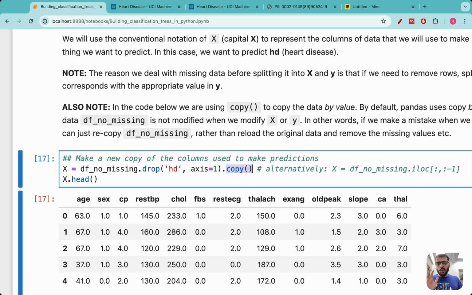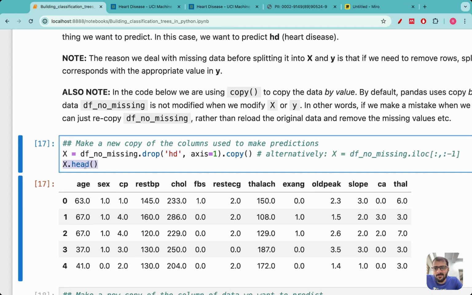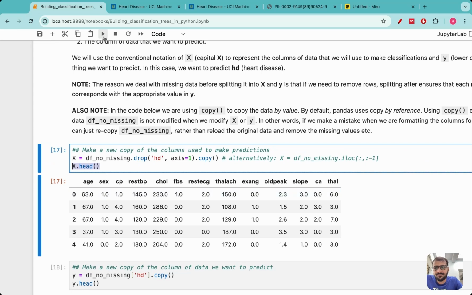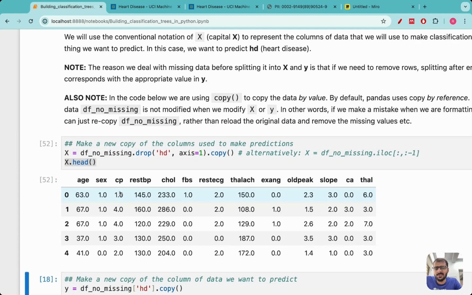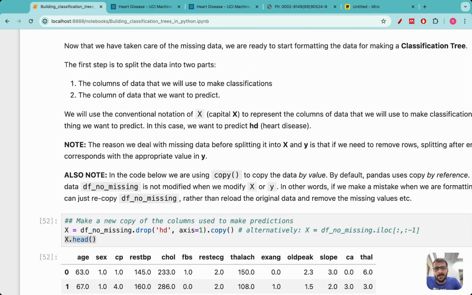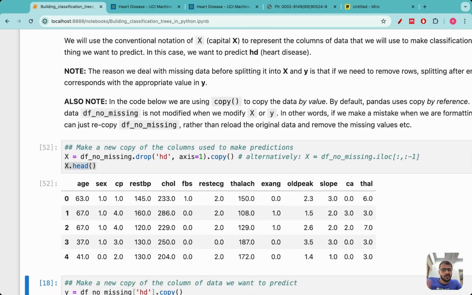If you don't know about copy by value and copy by reference, no need to worry. In this part, what we have done is that we have just dropped one variable, which is the output variable, so that we construct the x, which is just the training data. Or rather, the better way is to call it the independent variables.